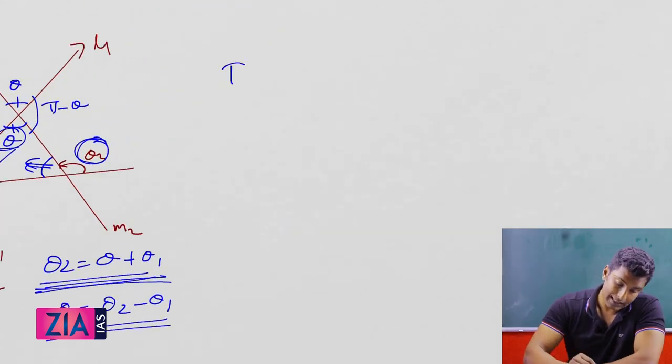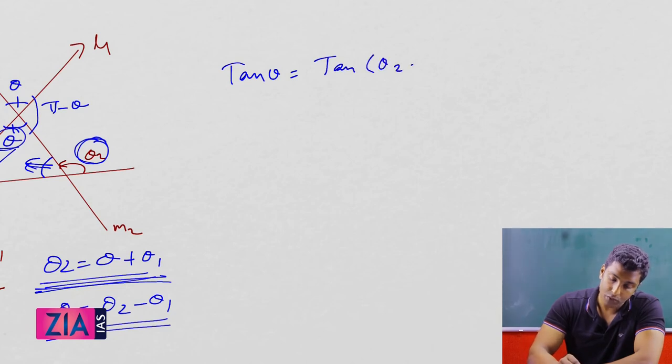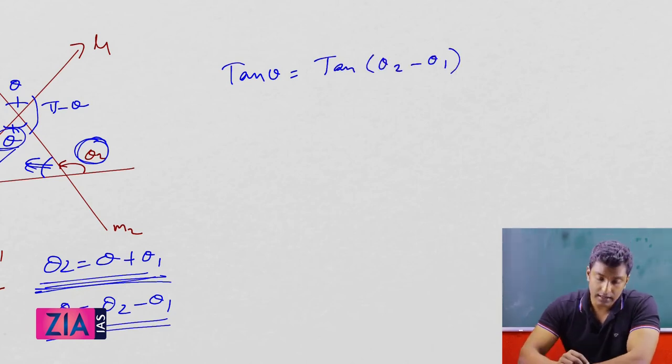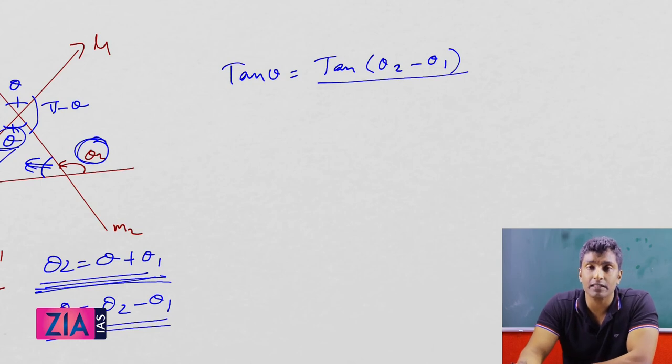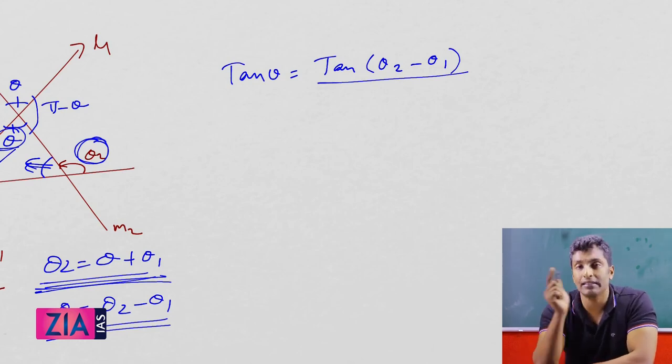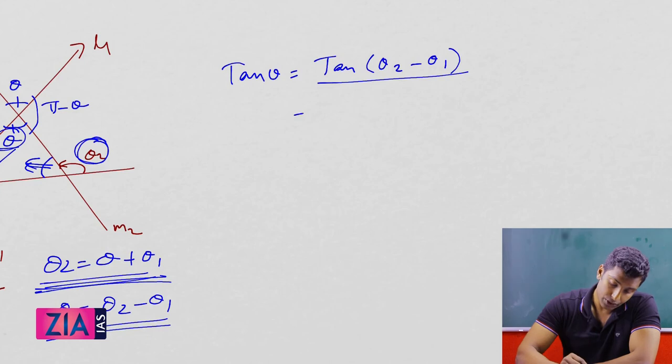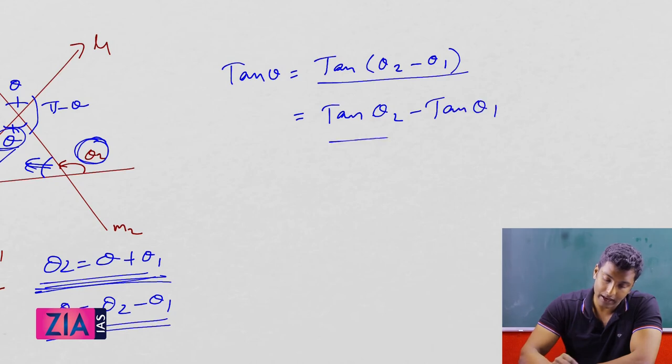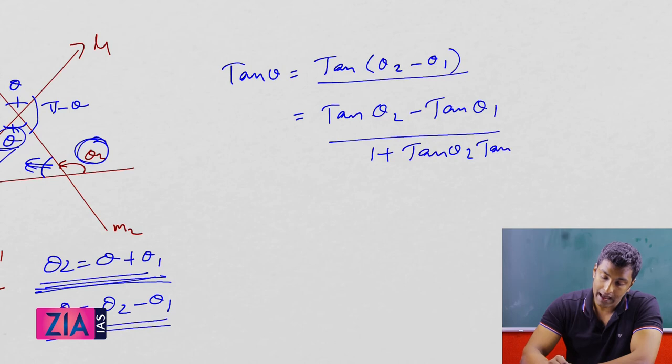Okay. Now, what is tan theta? Tan theta is equal to tan of (theta 2 minus theta 1). Now this is clearly of the form tan (A minus B). So what is tan (A minus B)? Tan A minus tan B divided by 1 plus tan A tan B, right? So here it is going to be tan theta 2 minus tan theta 1 divided by 1 plus tan theta 2 tan theta 1.